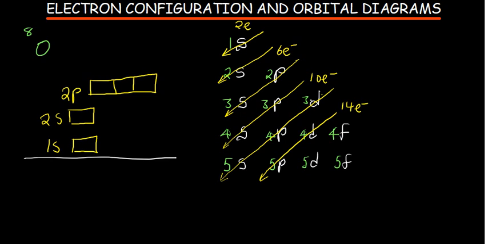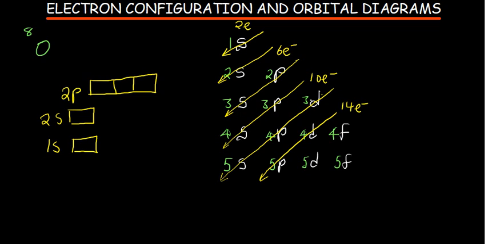Are you still lost? No, but how did you know? Can you repeat that? I'm saying, how did you know that you're not going to have the other one, the 3s?